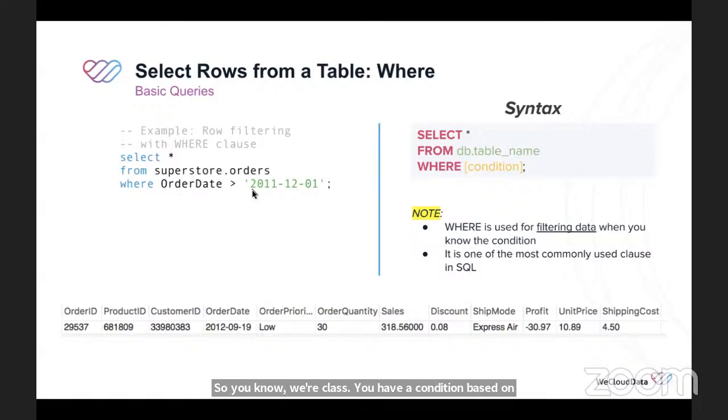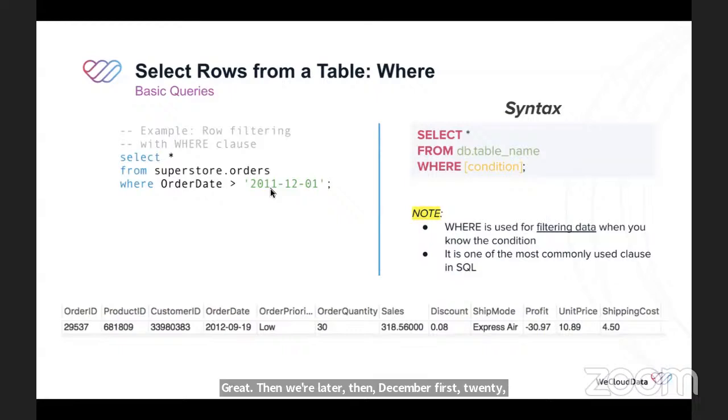For each column, you give a type of condition: the column name followed by a comparison or some kind of keyword logic operator, followed by the value. In this case, we're looking for all the orders that have an order date later than December 1st, 2011.